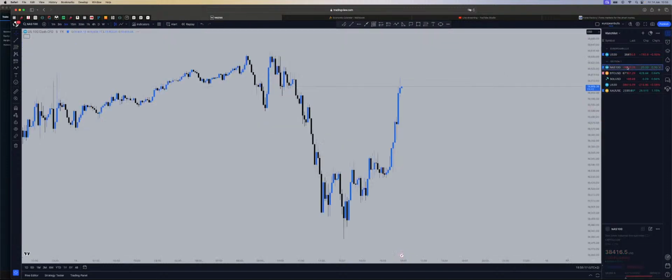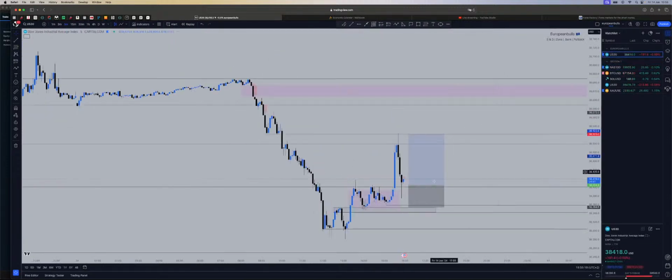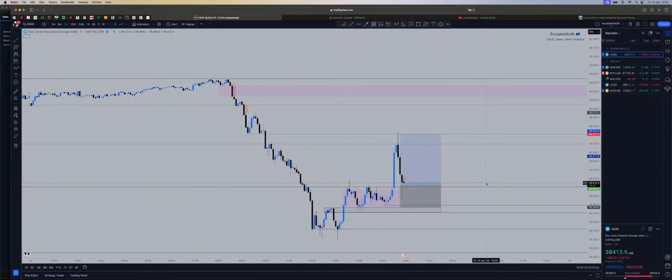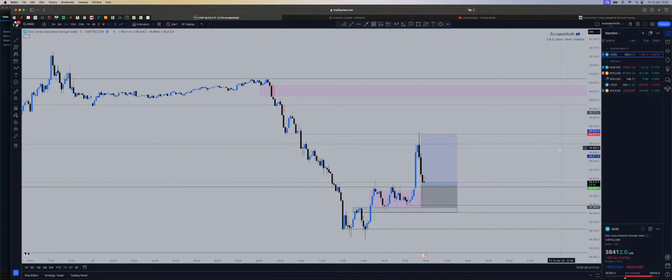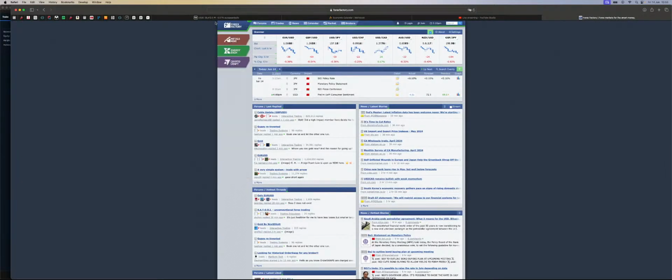What's going on with Nasdaq? US30. So I came out on BE. If you guys are in the trade, it's my opinion to get out on BE, or if you are in some profit, you could just take your profit and get out of the trade, since the news is coming out in 5 minutes, 4 minutes.